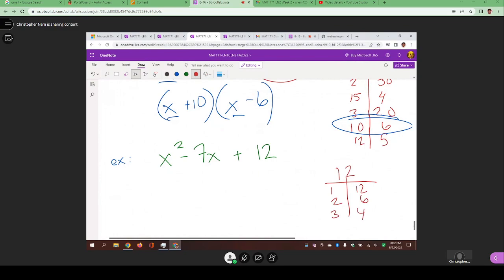These combinations. So instantly, when you look at this, the only possibility it can be is 3 and 4. Sometimes it may or may not be factorable. However, this is a negative 7, so I'm confused. I have to somehow figure out what multiplies to positive 12, but also adds up to negative 7.